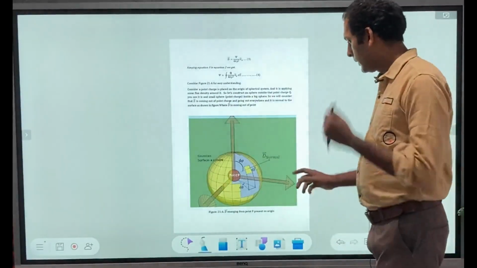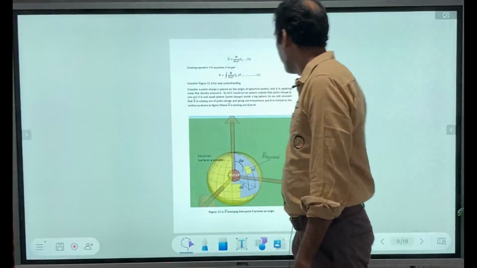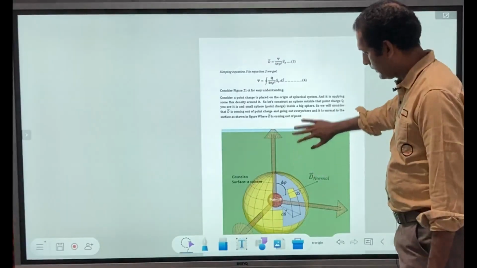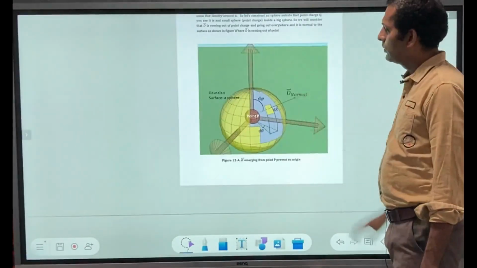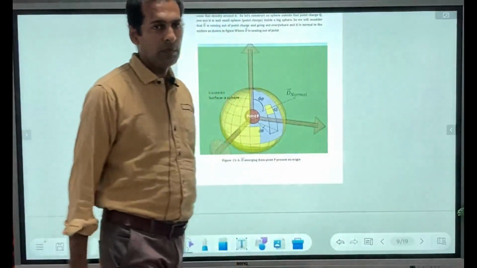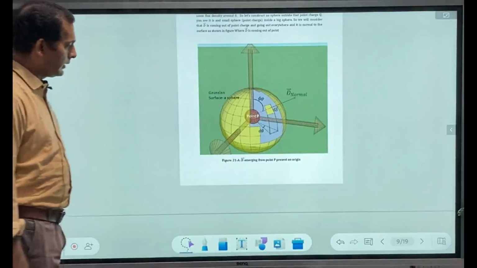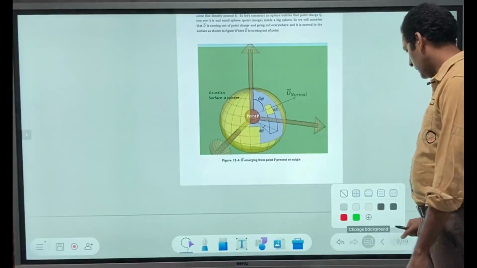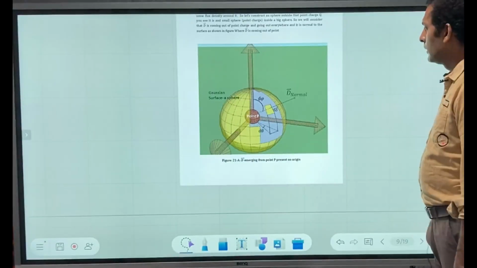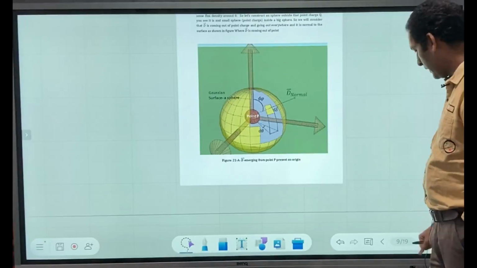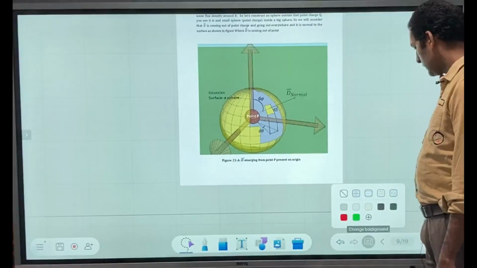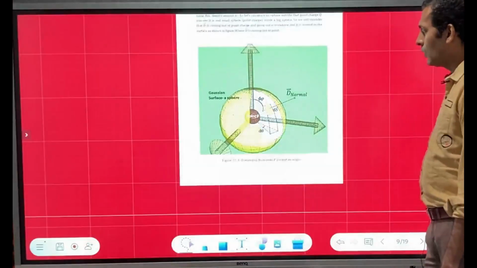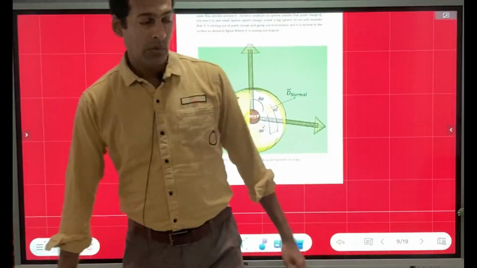Now let us consider the example of this sphere, the case of a point charge, where we have to prove Gauss law. Again, the same statement we have to prove. Let us consider that there is a point charge at the center of the coordinate system. It will send out electric flux lines in all directions.